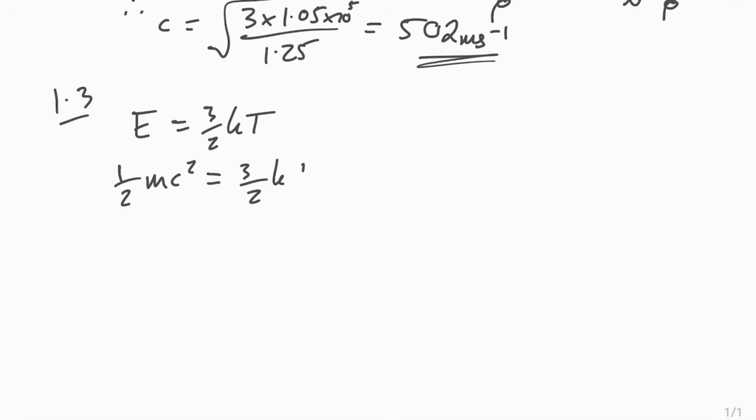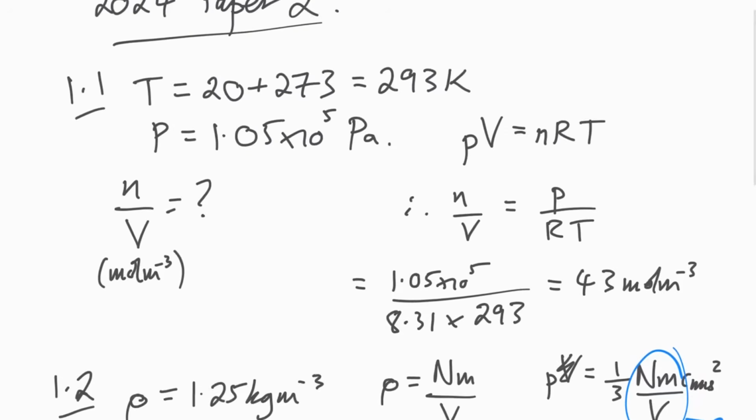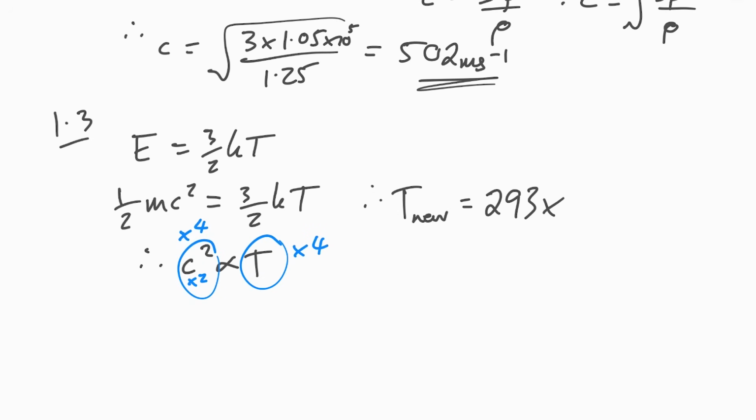And so we can just say that c squared is proportional to T. So if we want c to double, that means that c squared goes up by a factor of 4. So must the temperature. Therefore, new temperature is equal to 293 times 4. And that gives us 1172 Kelvin.